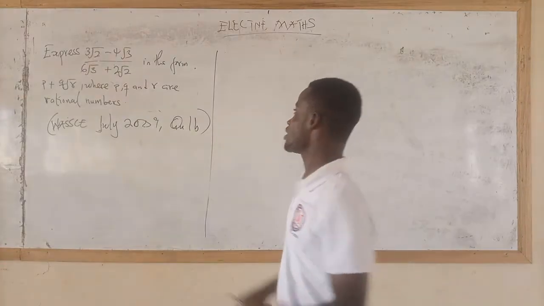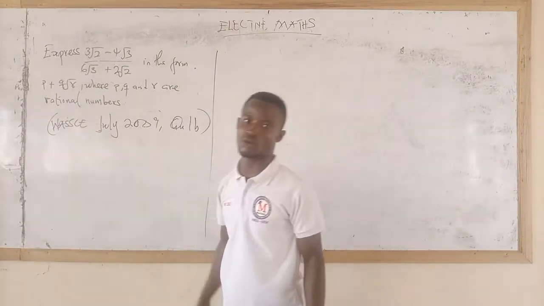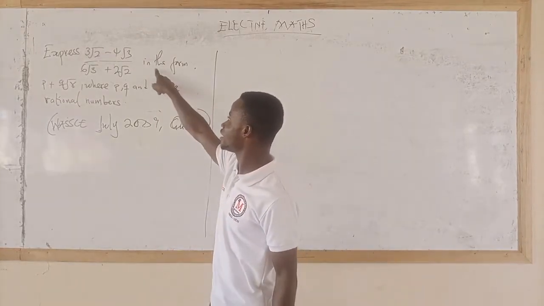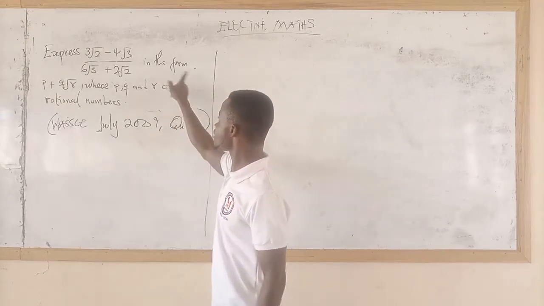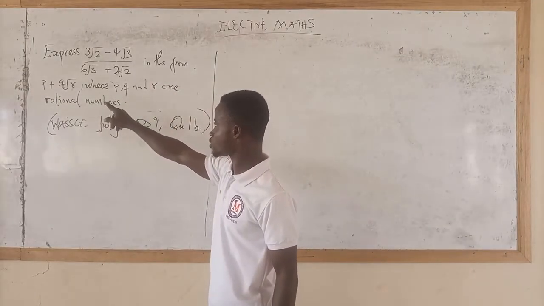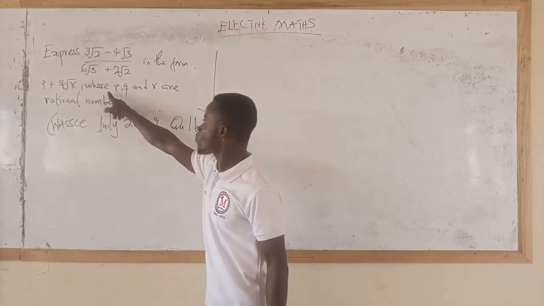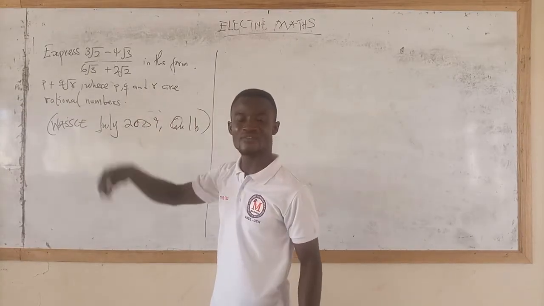You just rush the moment you see this. Understand, there is a reason why these ones are attached: in the form P plus Q square root of R, where P, Q, and R are rational numbers.